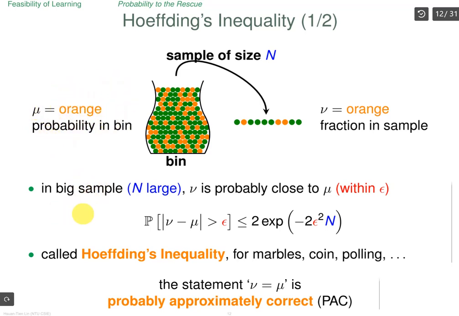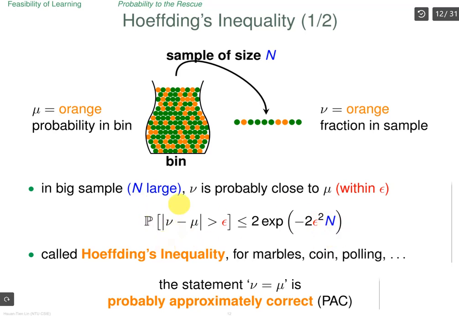It has been shown by Hoeffding that in a big sample, when the sample size is sufficiently big, nu is probably close to mu within a very small fractional number. In other words, the probability of nu being different from mu by some small tolerance epsilon is upper bounded by an exponential function: 2 exponential of minus 2 epsilon squared n.